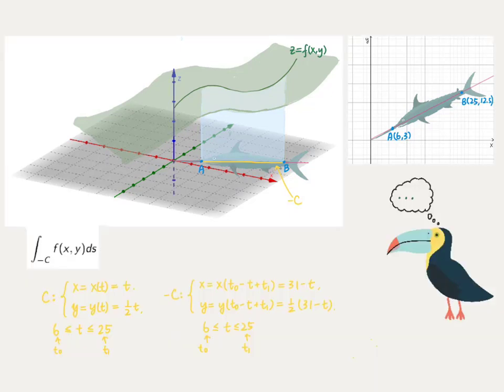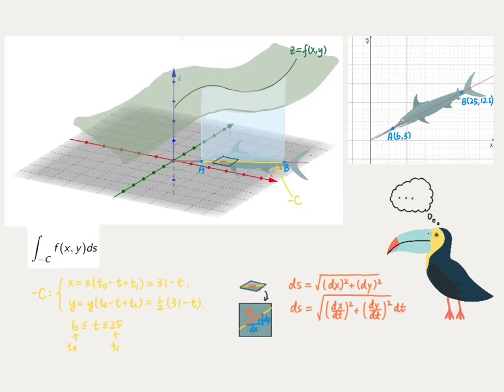Let's denote by -c the path in this situation. The following is a possible parametric equation for negative c. Indeed, if t still proceeds from 6 to 25, we are able to generate all the points from point B along this path to point A. The same as before, we can express ds in terms of the derivatives of both x and y with respect to t.